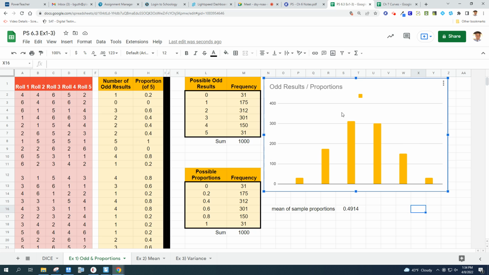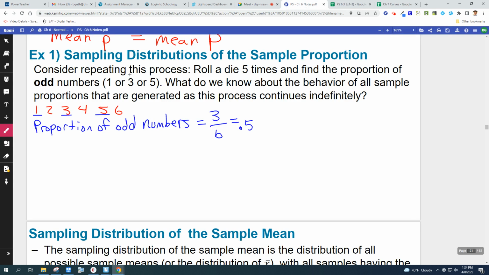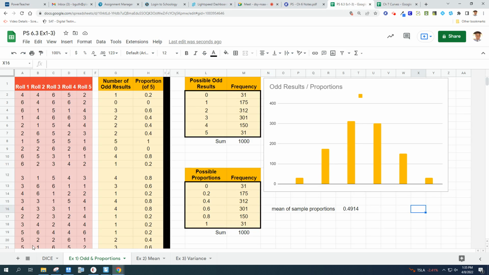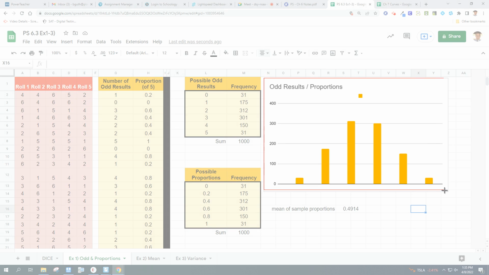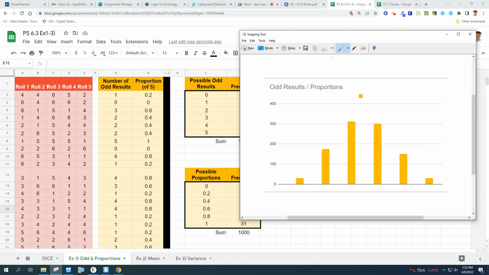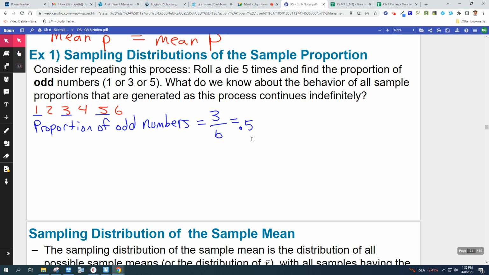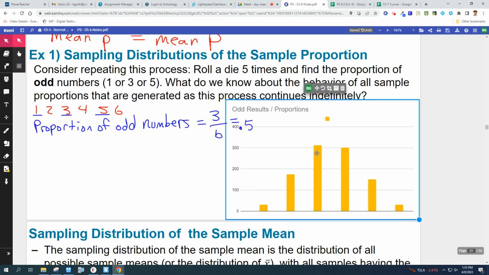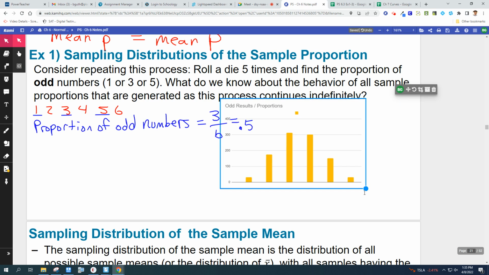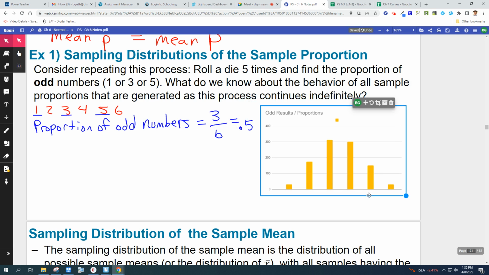So the first thing I want you to do is copy this sketch over again. Do a quick sketch of it, and make sure you've got 6 bars.